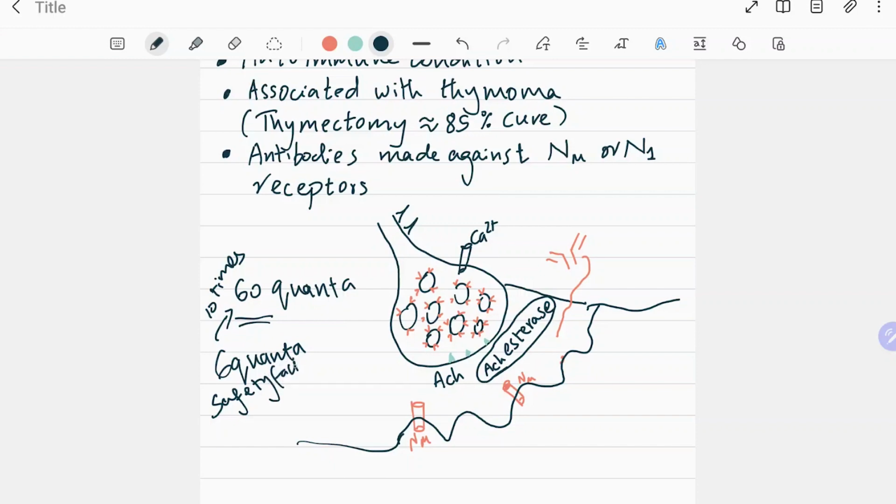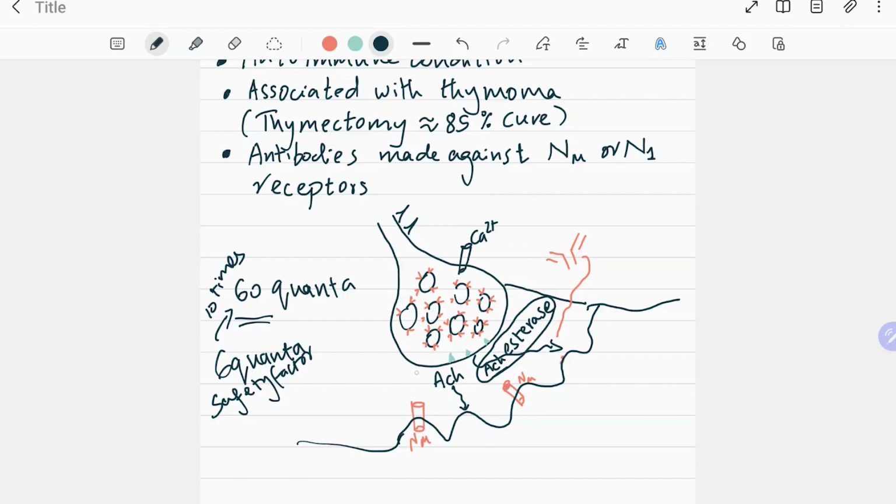Safety factor. Now what happens is we have a safety factor of 10 times because we are releasing 10 times the number of vesicles that are actually required to cause an action potential. But when you make this autoantibody which will destroy your receptors, now the acetylcholine that gets released cannot find these nicotinic acetylcholine receptors so easily.